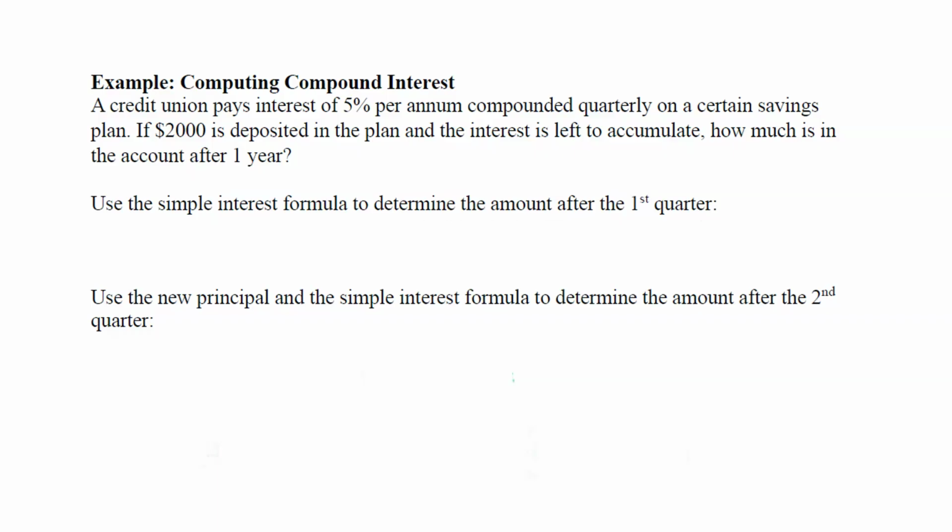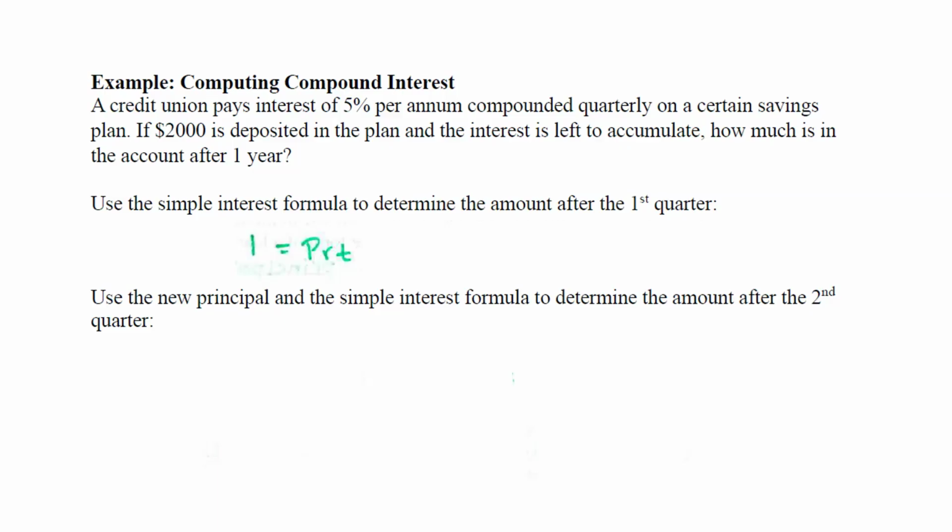So first, we need to use the simple interest formula to determine the amount after the first quarter. So that's going to be the formula I equals PRT. Okay. So we know that our 5% per annum compounded quarterly is going to be our interest rate.